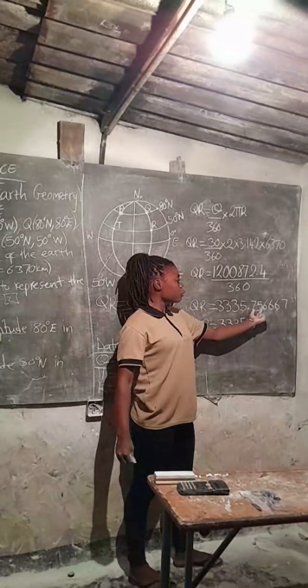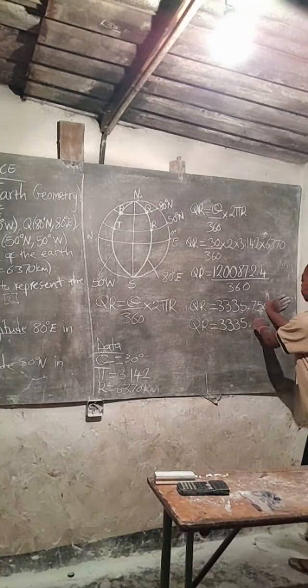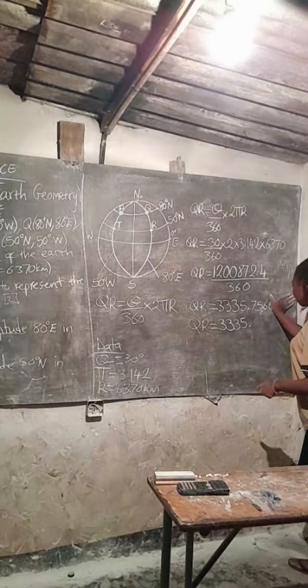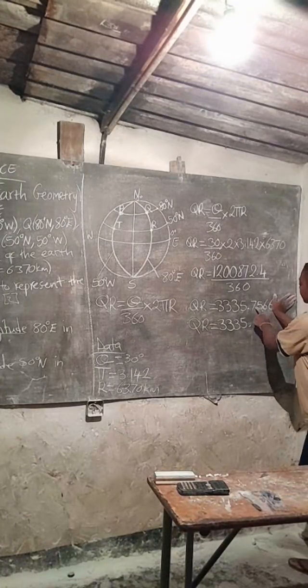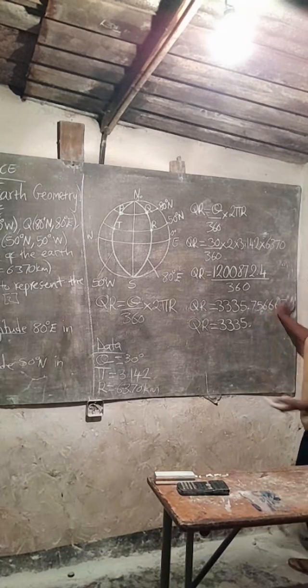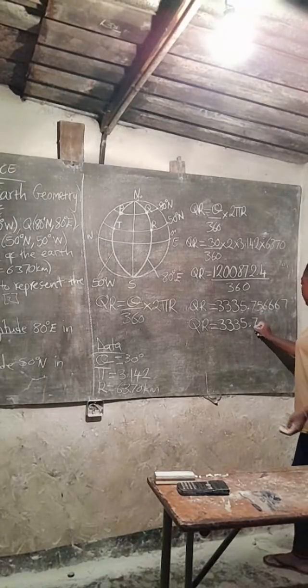If you have rounded off to two significant figures, meaning you are leaving two numbers this side, it will be 3300. If it is three significant figures, this will be 3340. So we're rounding off to two significant figures.